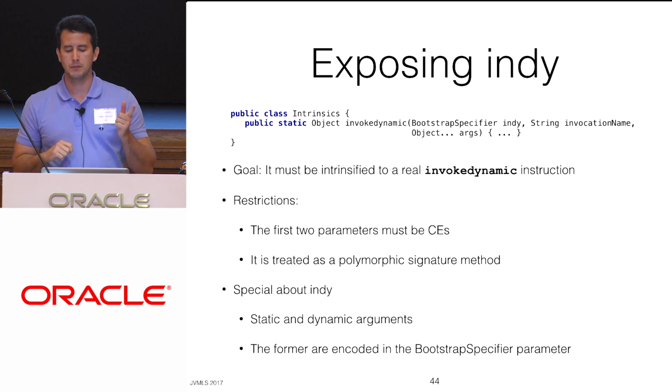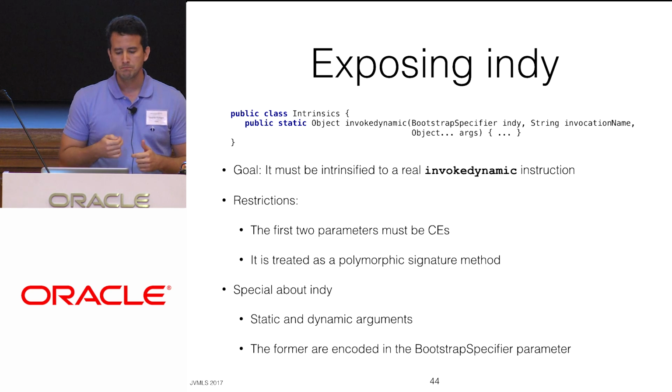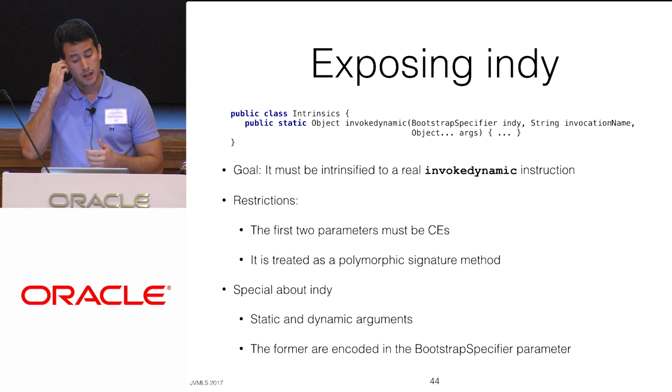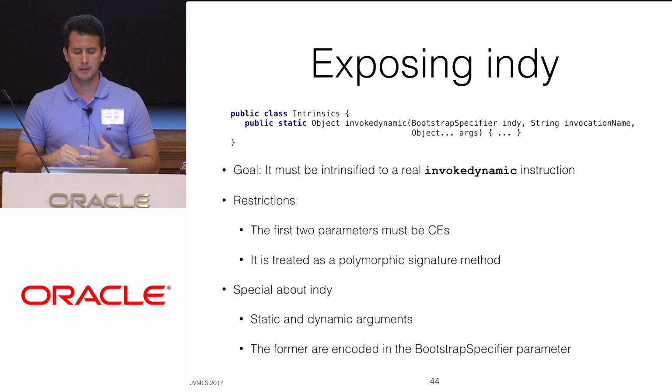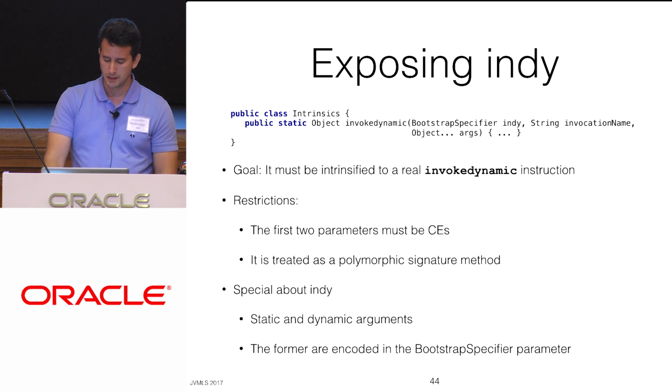The first argument, the Bootstrap specifier, has to be a constant, also the invocation name, and there is no restriction on the arguments. In the Indy case, we have static arguments, which are represented in the Bootstrap specifier parameter, and we also have dynamic arguments.